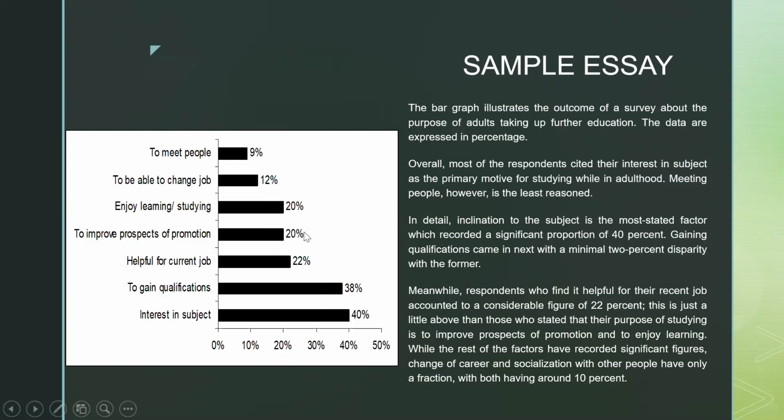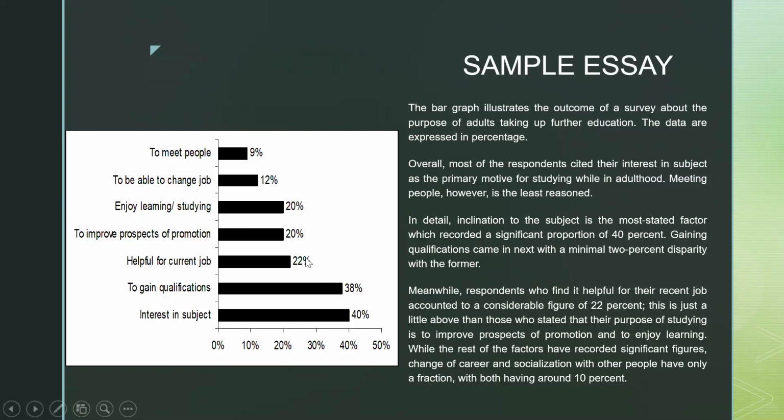You need to add them up to double check if it's a total of 100%, but most likely it's not. 9 plus 12 plus 40 plus 22, 38. No, it's more than 100%. So this is automatically a pure bar graph.